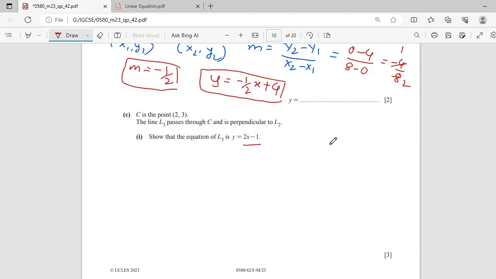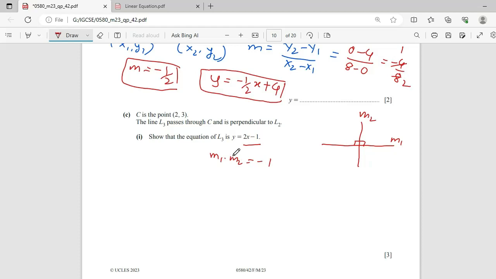So if two lines are perpendicular like this, if the first line has slope or gradient m1, the other line has gradient m2. If two lines are parallel, then their gradients will be equal. If two lines are perpendicular, then the product of their gradients will be minus 1.